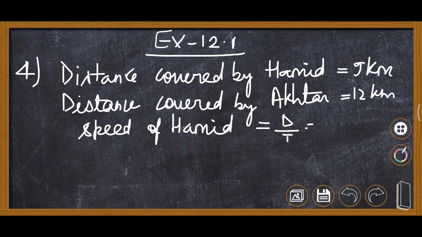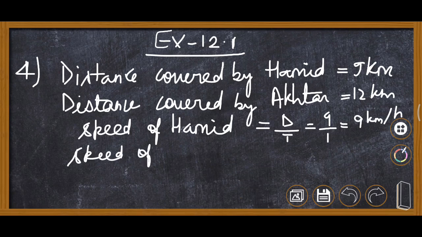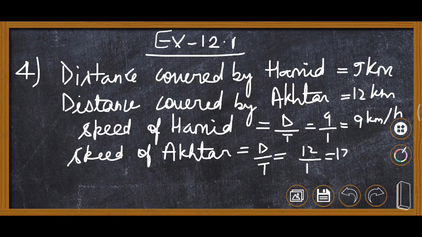So distance is 9 kilometers, time 1 hour, so it is 9 kilometers per hour. Same as we will find the speed of Akhtar, formula same, distance upon time, distance 12, time 1, then 12 upon 1, it is 12 kilometers per hour.